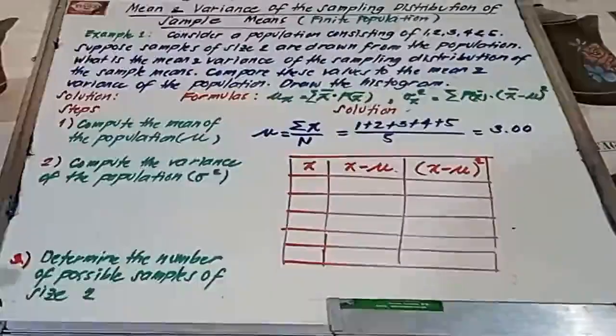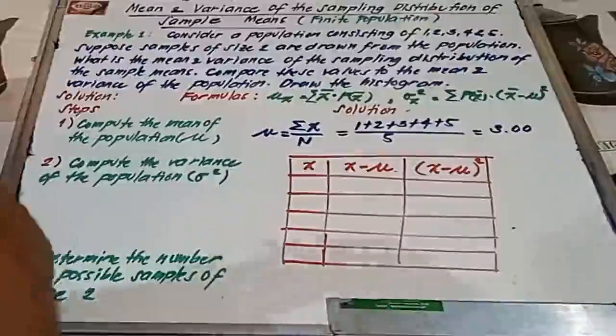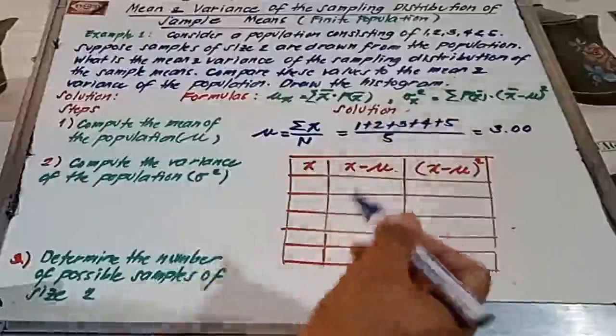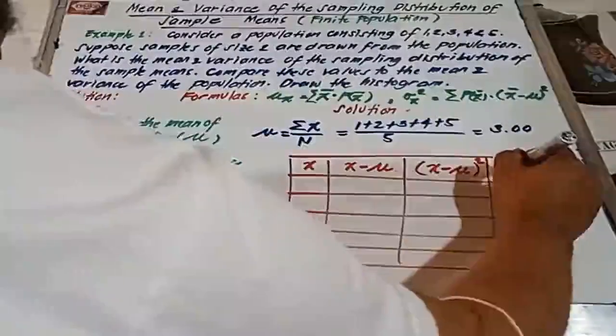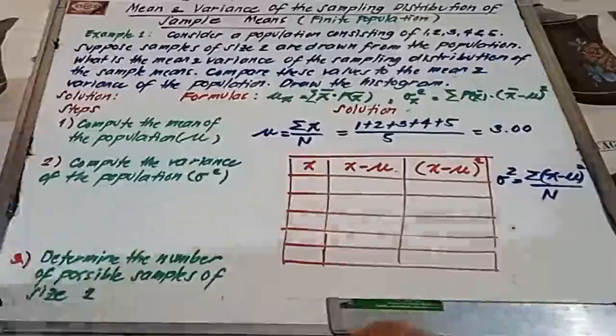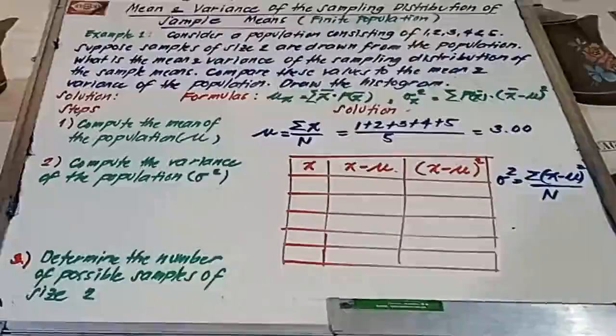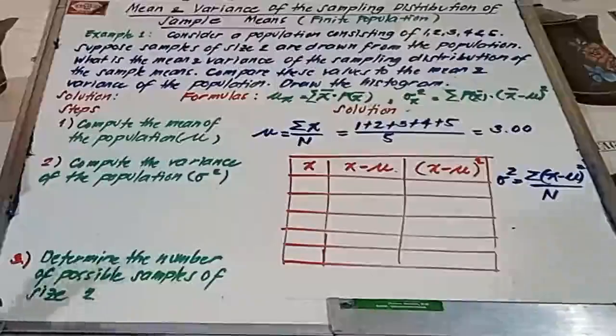Okay? So, how are we going to compute for the variance? The formula ng variance natin is, we have summation, okay, we have sigma squared equals summation of x minus mu squared over N. So, ibig sabihin, kailangan i-complete natin yung table na to for us to determine the variance of the population.